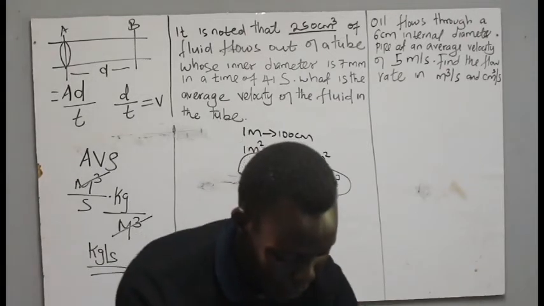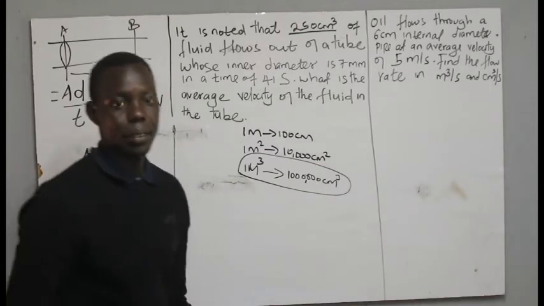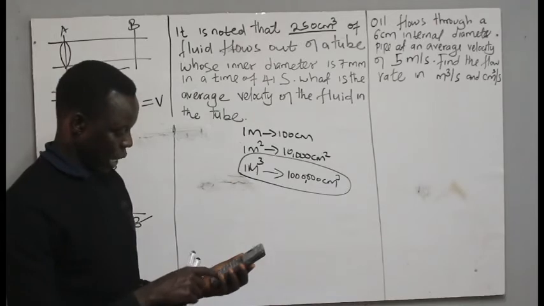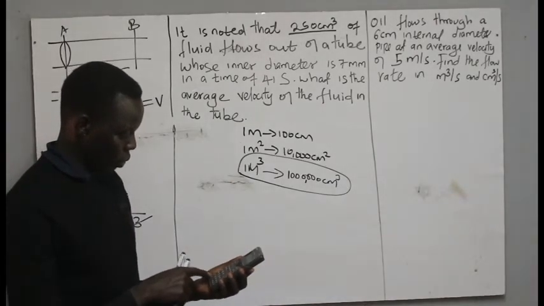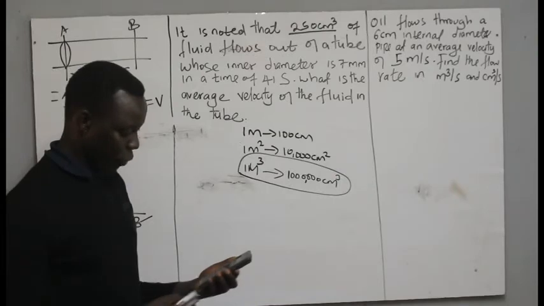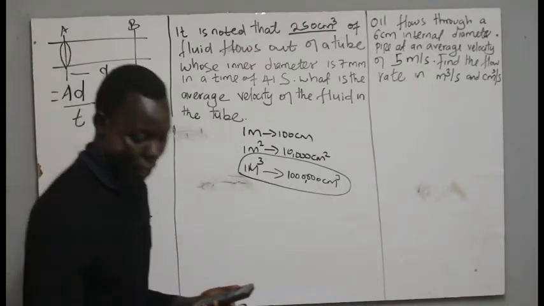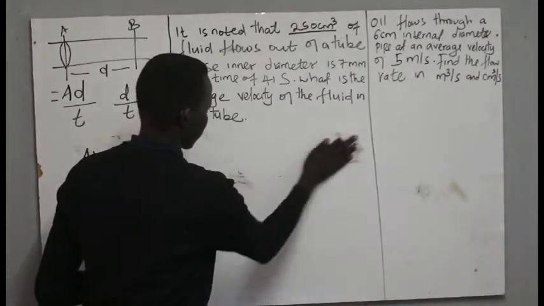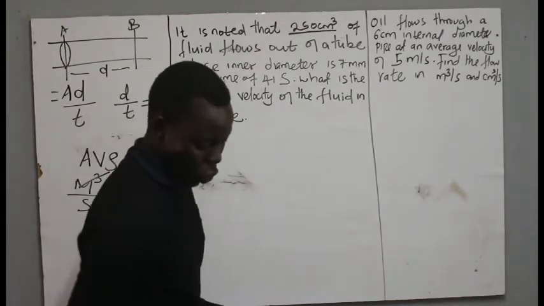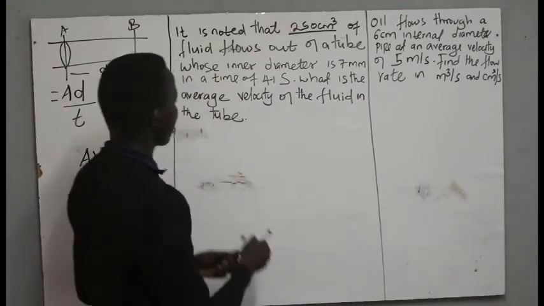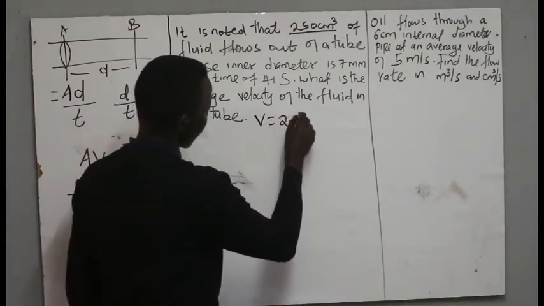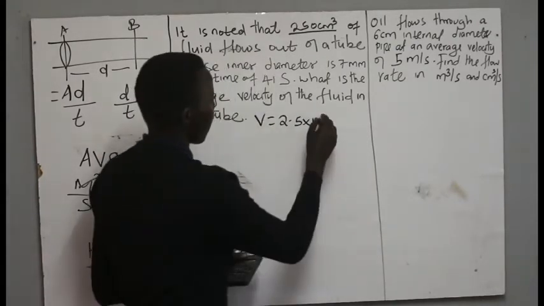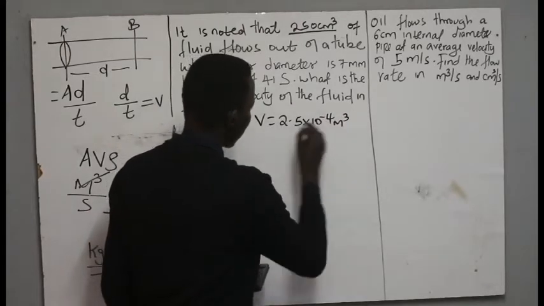Now, taking my calculator here, 250 centimeters cubed divided by a million. Yes, we have 2.5. Now our volume in meters cubed is going to be 2.5 times 10 power negative 4 meters cubed.